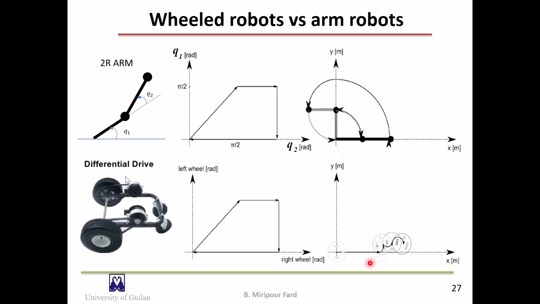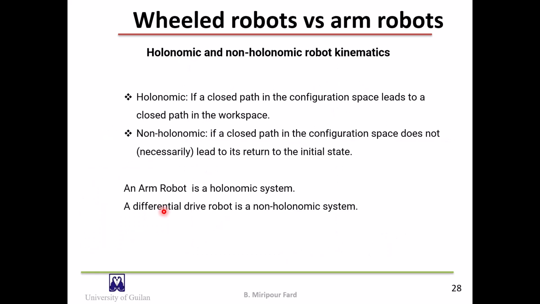You can see the robot in the workspace in this figure, and finally the robot returns to this configuration, not the first pose. You saw that performing a similar trajectory in the configuration space of a two-link manipulator left the robot returning to its initial position, but this is not the case for a mobile robot.